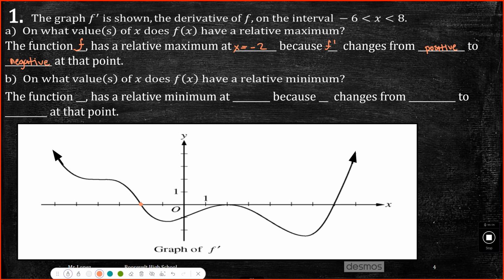All right, let's go to B. On what values of x does f of x have a relative minimum? The function f has a relative minimum at x equal to what, Anthony? Loud. 7. At x equal to 7. Go ahead and put a relative minimum at x equal to 7.